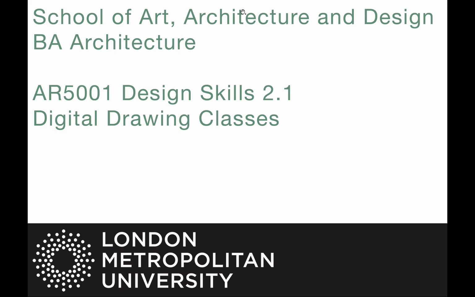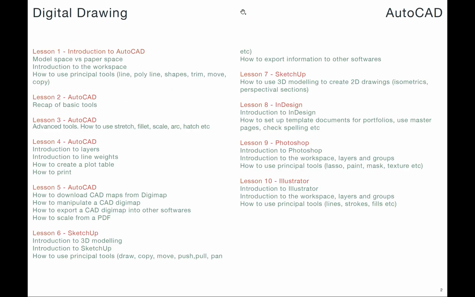So this week is the last week of our AutoCAD lessons. If you look at the schedule, this week we'll be looking at how to download CAD maps from Digimap, how to manipulate CAD Digimap information, how to export Digimap into other software, and how to scale from a PDF.